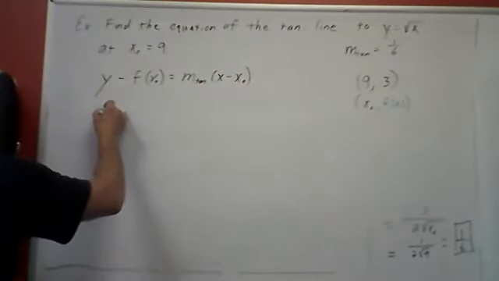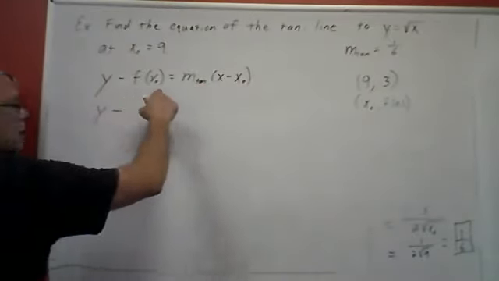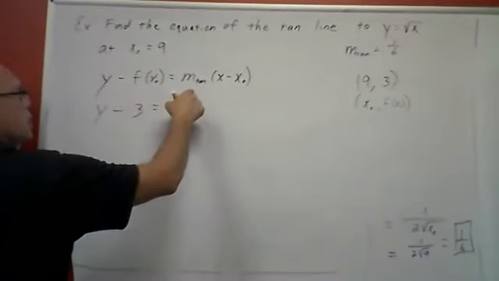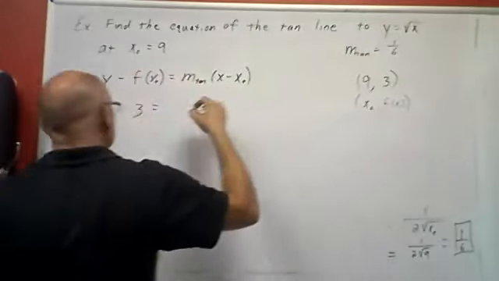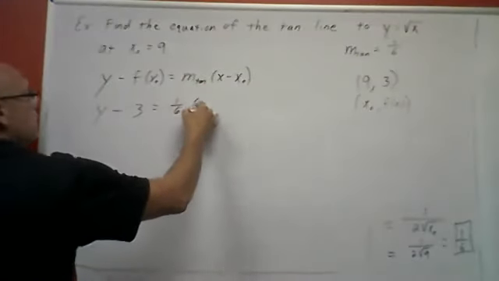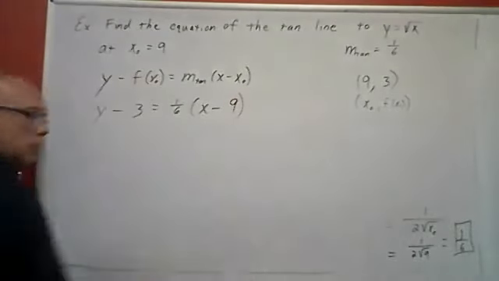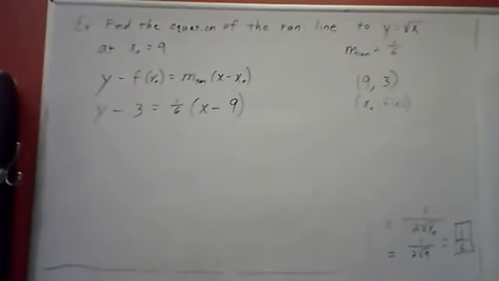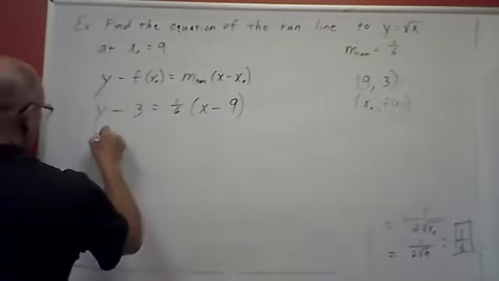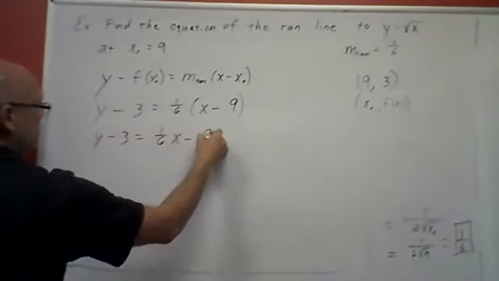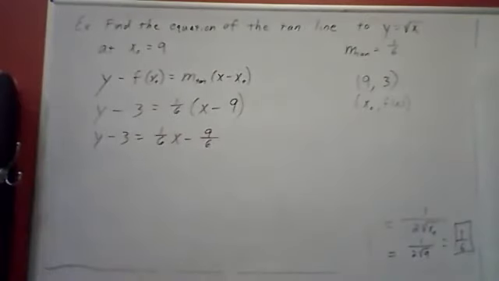So let's go back to this equation. y minus f of x naught, which we said was 3, equals m, which we calculated earlier, 1/6, times x minus x naught. y minus 3 equals 1/6 x minus 9/6 for now, right?